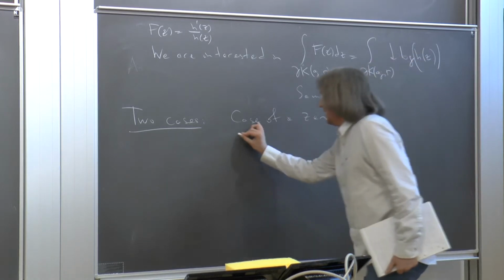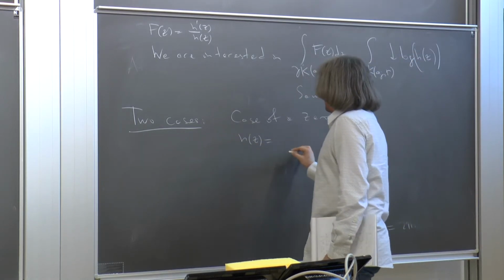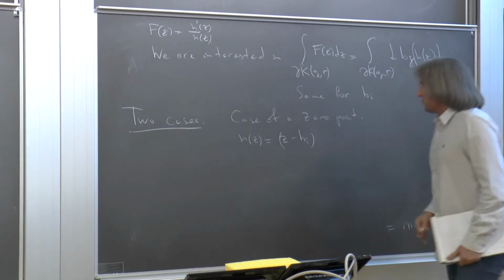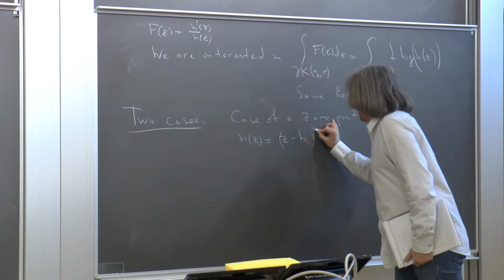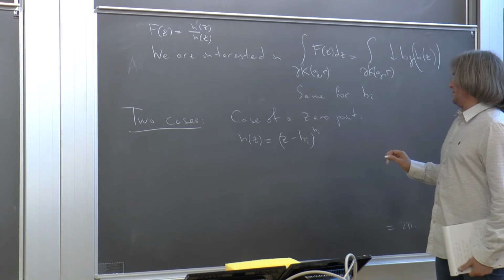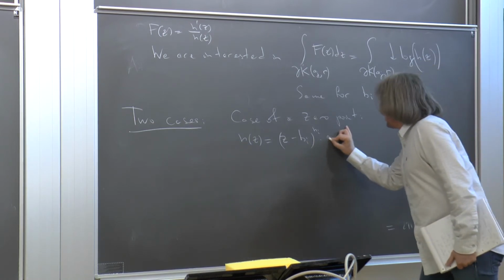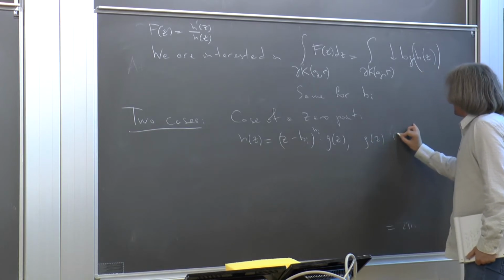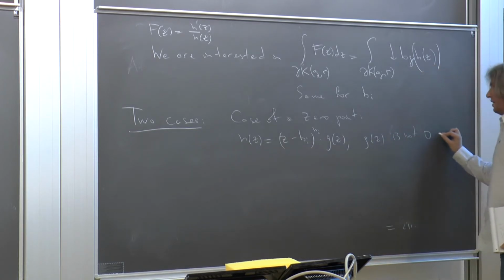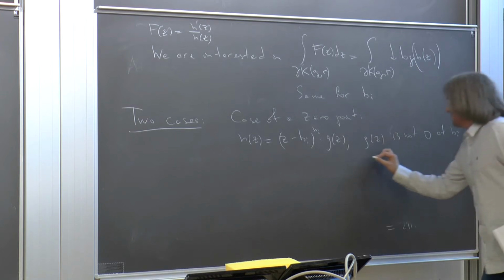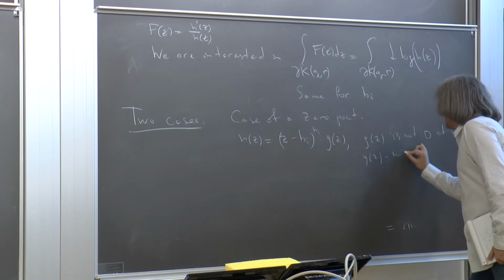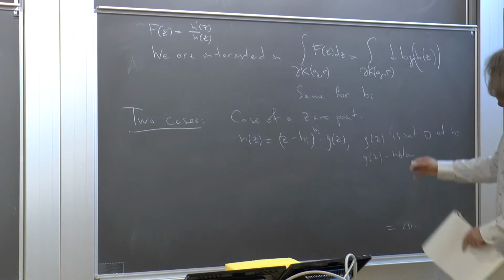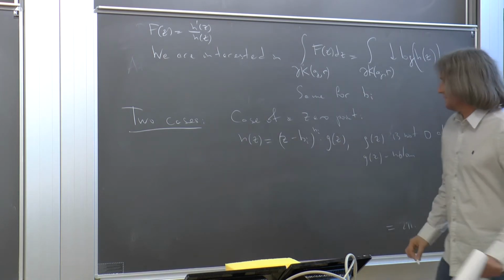Then we know that h of z at this point is (z minus b_i) to some power n_i times g of z, where g of z is not 0 at b_i, and g of z is holomorphic in some neighborhood. I'll be doing it locally in this little disk, so it doesn't matter.